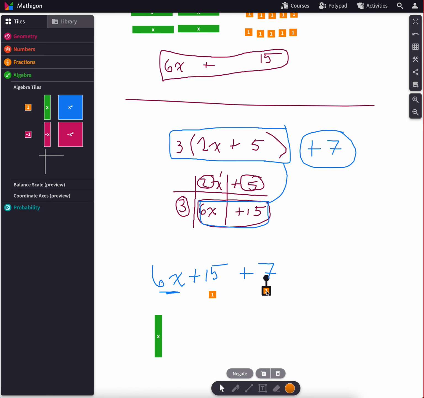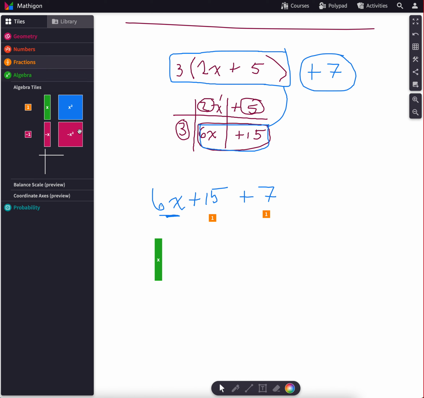Because these are both, we call them like terms, right? They'd both be the little squares. They're not the rods, right? So you could clean this up by saying, okay, well, there'd be 15 of these things here and 7 of these. I can clean those up and group them together, right? And your final answer here would be, or fully simplified as it's going to put it in your sheets, 6x plus 22.